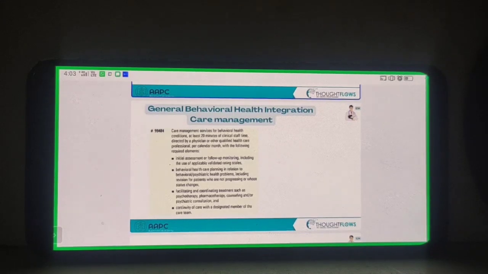Integration of care management. This is also the behavioral health part, where they take the assessment. If a patient is addicted to alcohol or drugs, they are dependent.